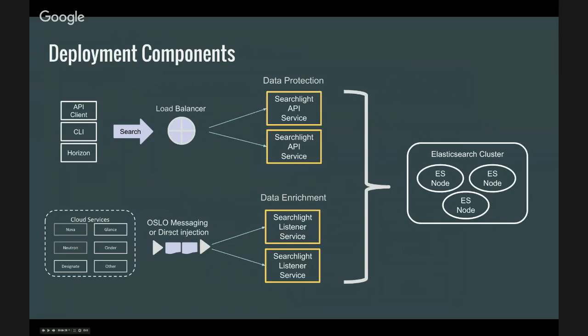For the cloud services, they go via Oslo messaging or via direct injection to the Searchlight listener service. That takes the data, and it will then sometimes enrich it because the notifications may not contain all the data that it needs, so it may have to do a callback, and then it sends the data on into the Elasticsearch cluster.